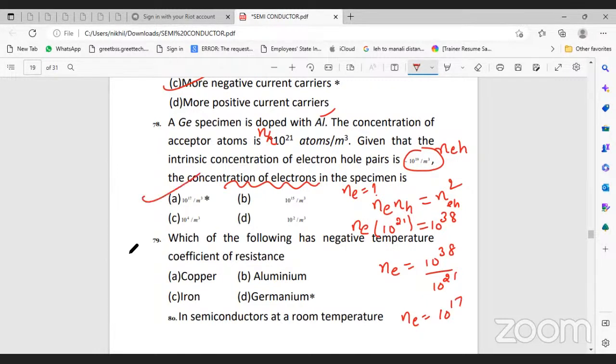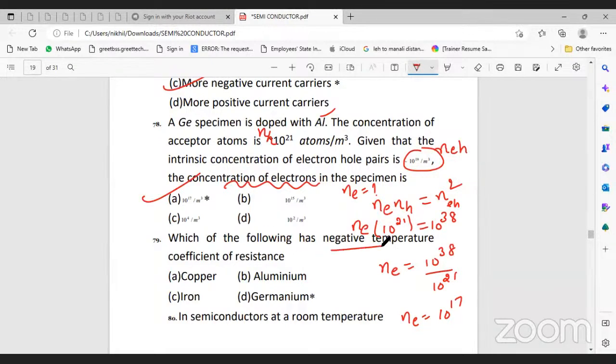So option E. Remember this formula in this chapter. Related to semiconductor, only this is the formula to find the concentrations. Number of electrons into number of hole concentration is equal to the intrinsic concentration square.